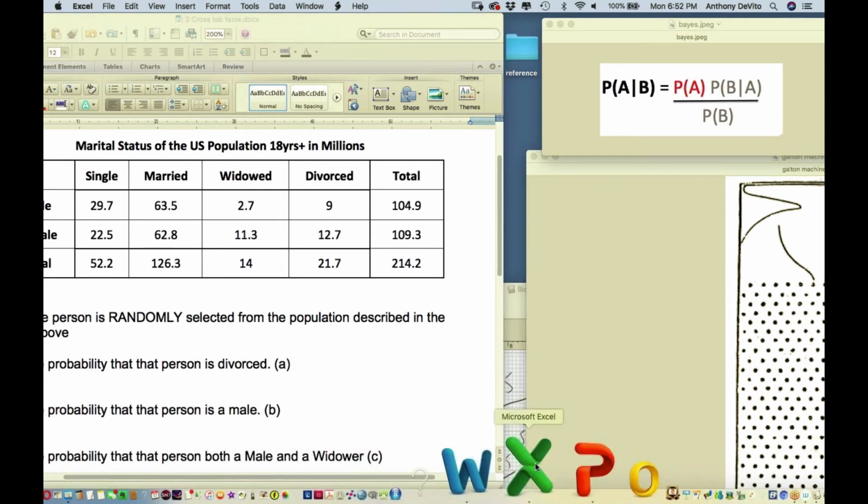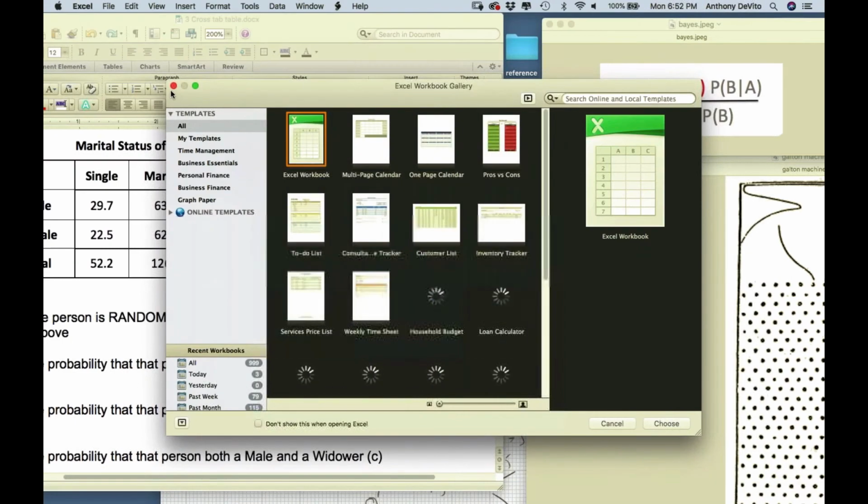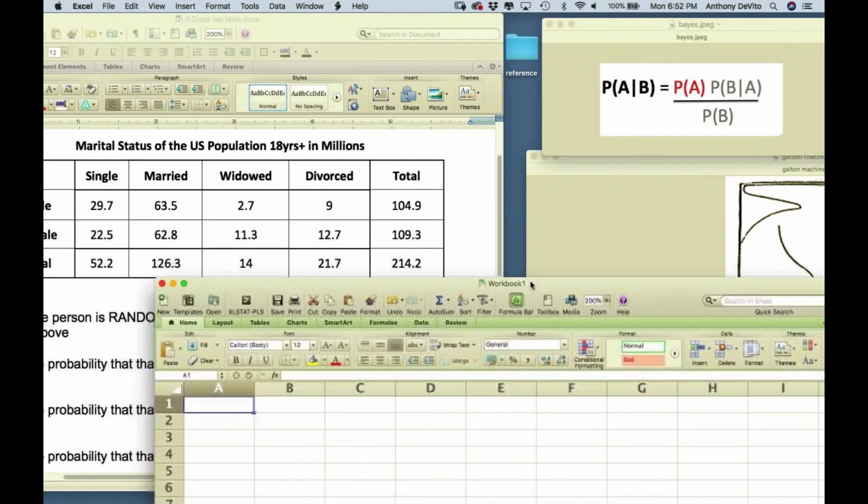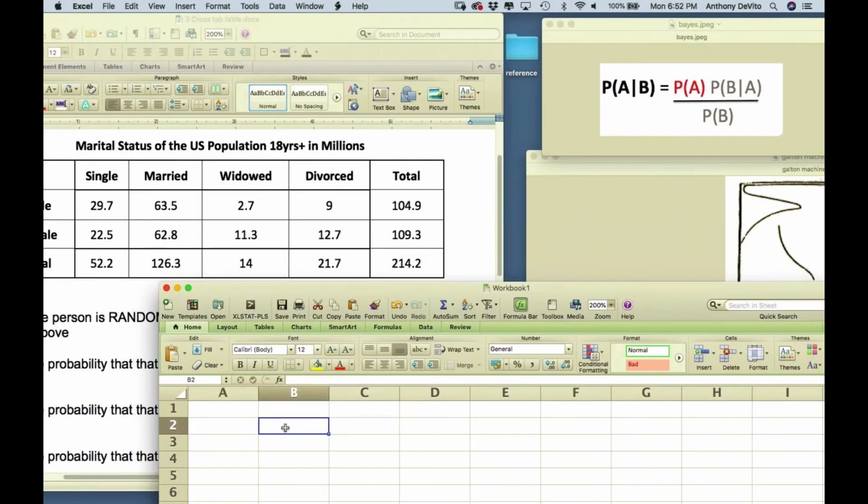Probability A given B. In this situation, what is A and what's B in the question I just asked? Probability of A given B. First of all, what is A?